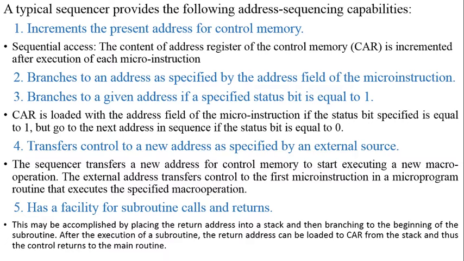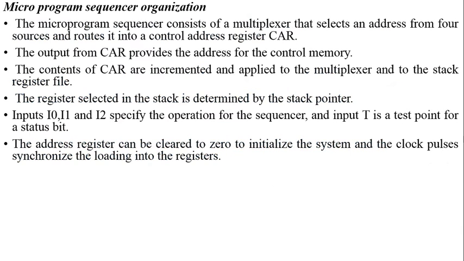Okay, so these are the 5 different facilities for sequencing, or the different functionalities of our sequencer. So this is about the organization of our microprogram sequencer. A microprogram sequencer consists of a multiplexer that selects an address from 4 sources and routes it into a control address register.